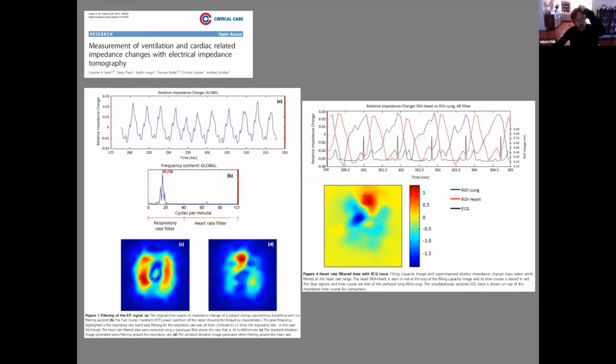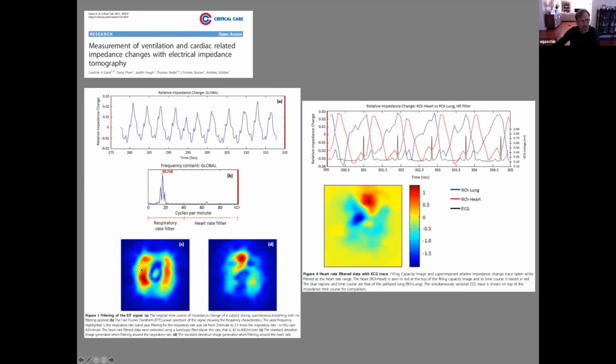We've looked more into the details of that signal. We did a filtering process. We looked at the frequency, so that's the breathing frequency here in adults. And we picked up a small signal around 60, 70 beats per minute, and that's obviously within the cardiac oscillation range.